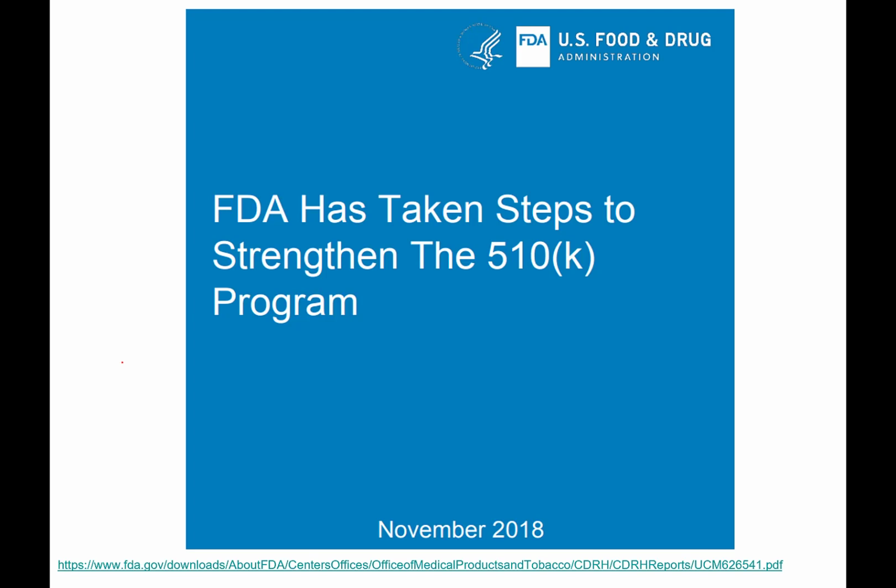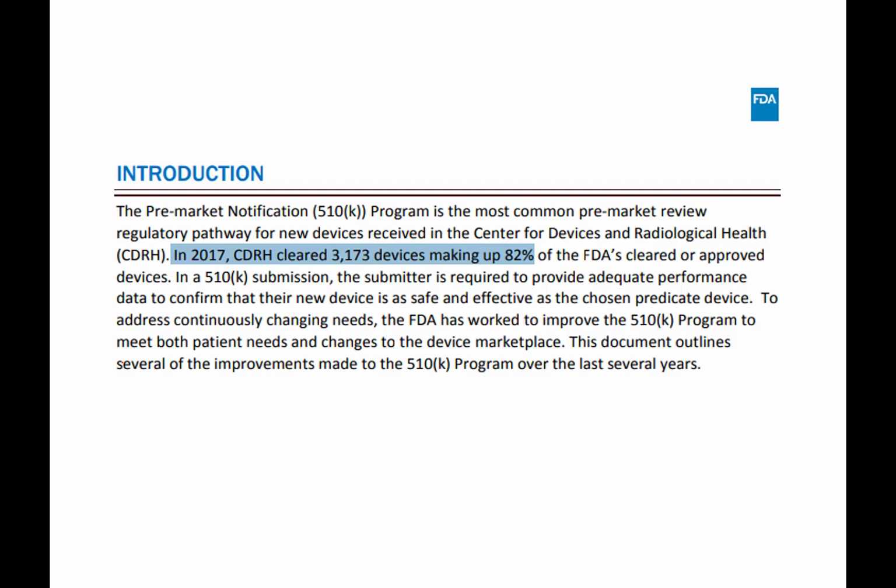Here, this is a document published by the FDA in November of 2018, and I'm going to walk through some of it to tell you about the steps they've taken to strengthen the 510K program and to better help ensure that patients are protected. In the introduction, they talk about the pre-market notification, or the 510K pathway, which they say is the most common for new devices.